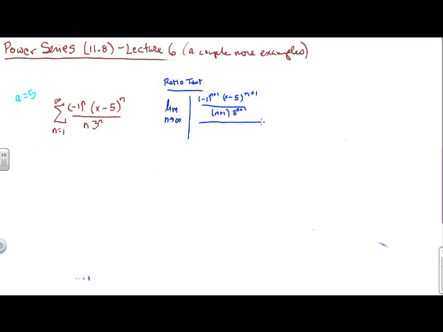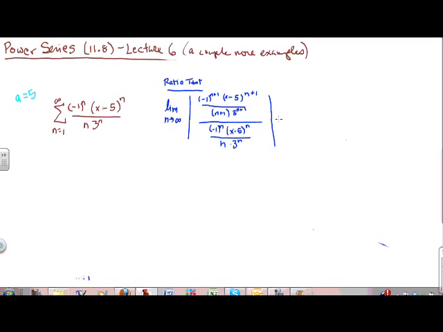And that's all over (-1)^n (x - 5)^n, all over n times 3^n, right? And we're taking the absolute value of that. So we're taking that limit.